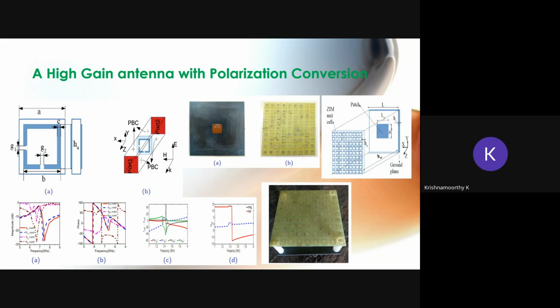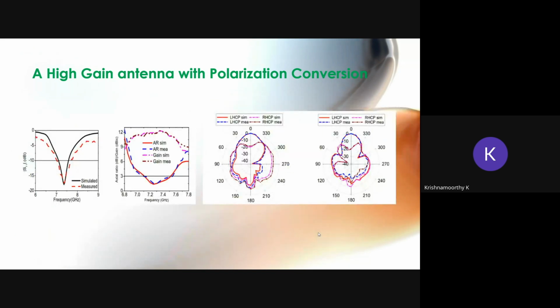So this is going to give that near zero refractive index. This kind of structure is going to give some kind of focusing effect for the electromagnetic wave. So the radiation coming from the patch antenna is going to be focused using this metasurface structure. Then we are going to get the improved gain.